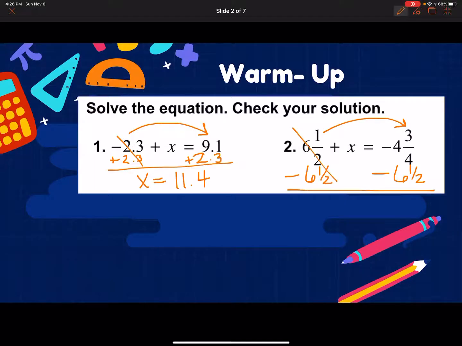Either way is correct. Bring down our x, put into our calculator negative 4 3/4, subtract 6 1/2, and it's going to give you a negative 11 1/4. Or it could possibly have the decimal version of that, negative 11.25.